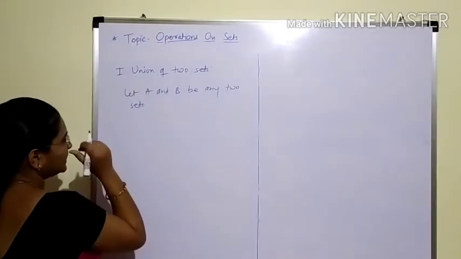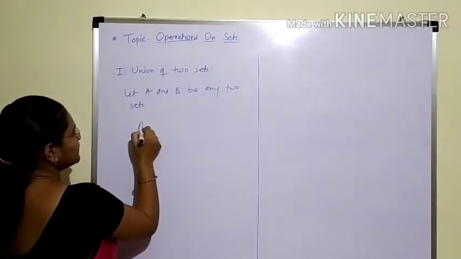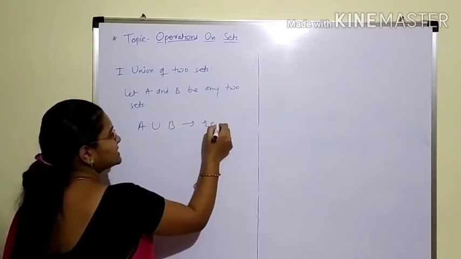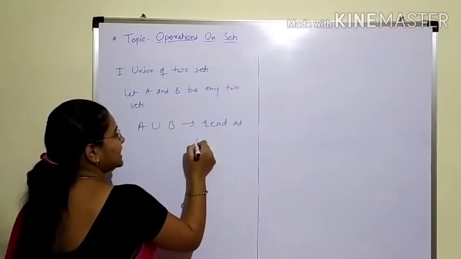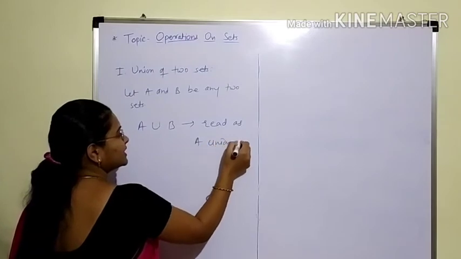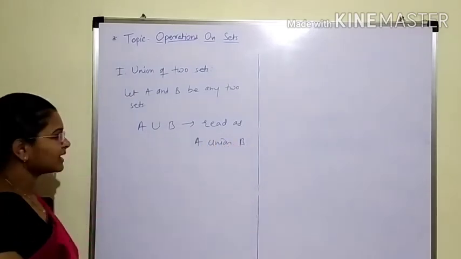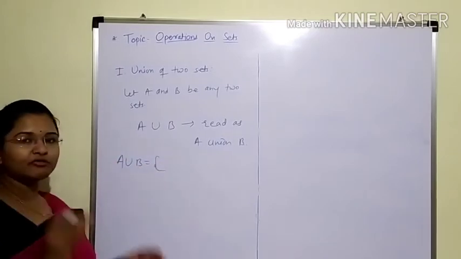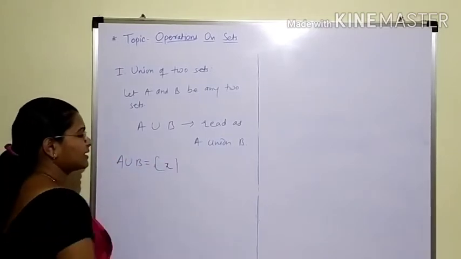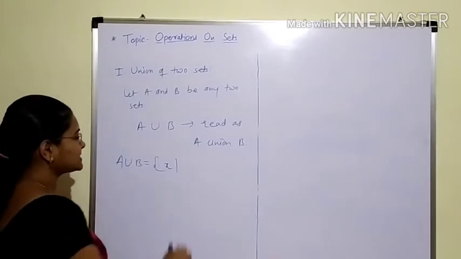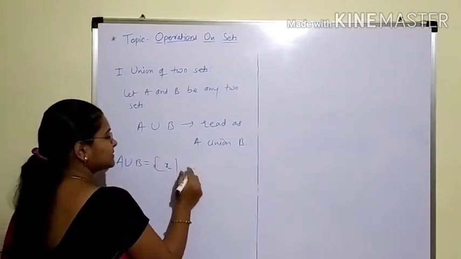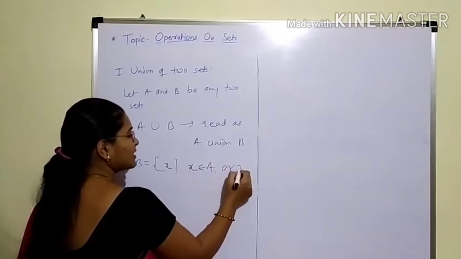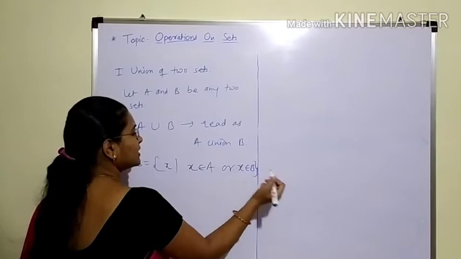So we denote union of two sets by this symbol, and we read it as A union B. This A union B is a set of X where X belongs to A or X belongs to B.